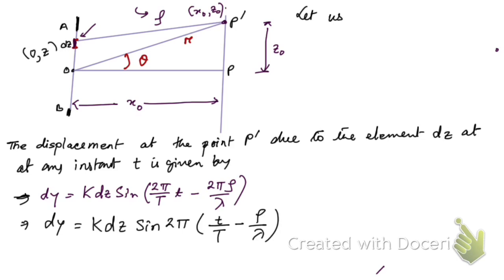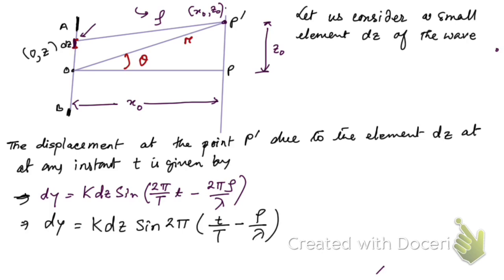Let us consider a small element dz on the wavefront with the coordinates 0, 0, z.